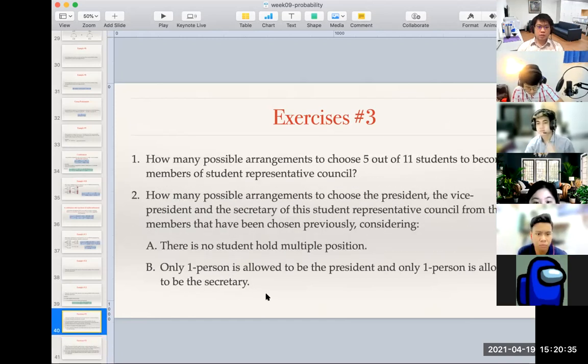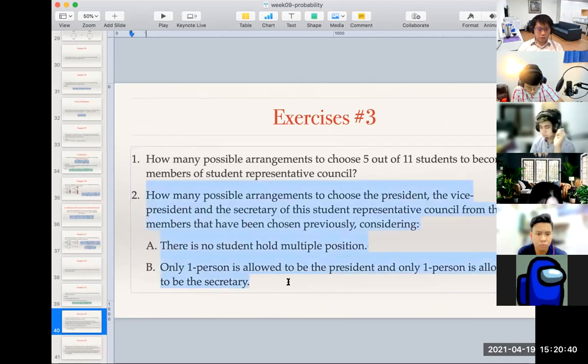So this is question number 2. Let me copy this one first.